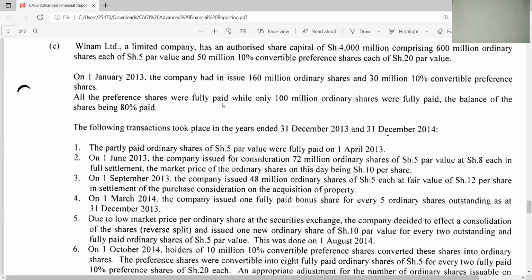All preference shares were fully paid, while only 100 million ordinary shares were fully paid. The balance of the shares being 80% paid.